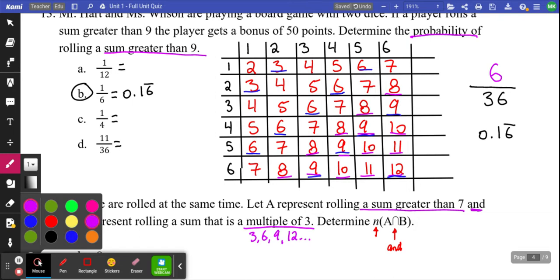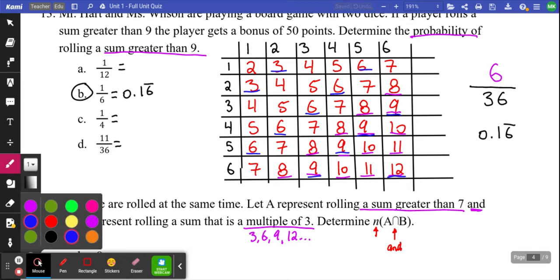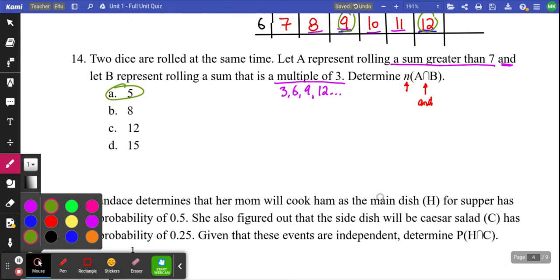Anything that has 2 lines means it's in A and B. So it's greater than 7 and it's a multiple of 3. These 1, 2, 3, 4, 5 are the only things that are greater than 7 and a multiple of 3. There's 5 things that are greater than 7 and a multiple of 3.